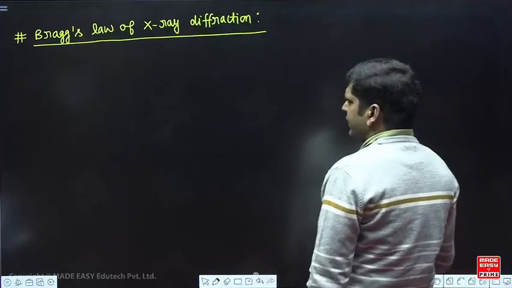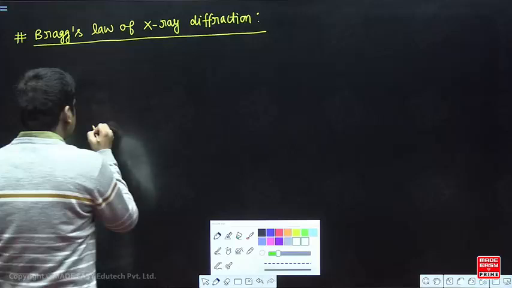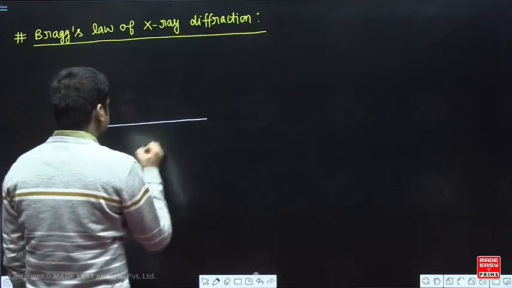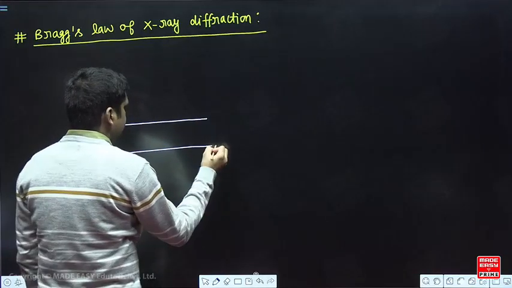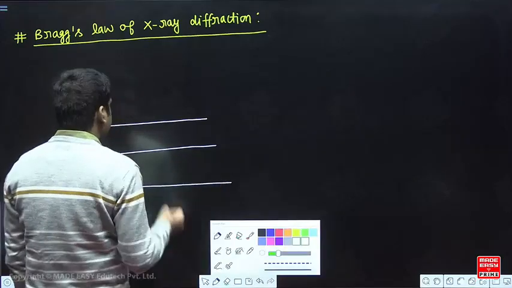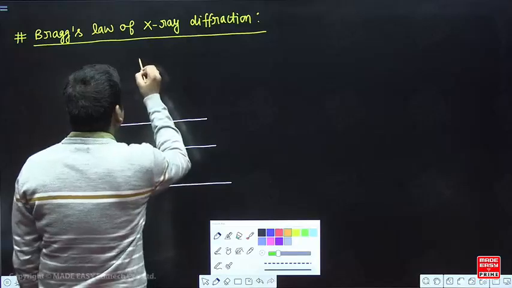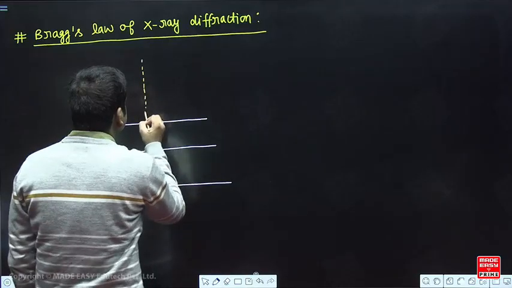बहुत डेप्थ में इसकी नहीं जाएंगे, एक लाइन में देखेंगे बस. Let us suppose these are the parallel planes. Basically they will be having atoms on each plane. This line is normal to the plane.